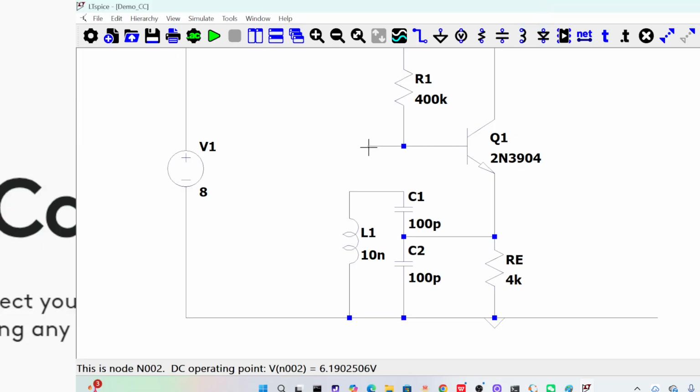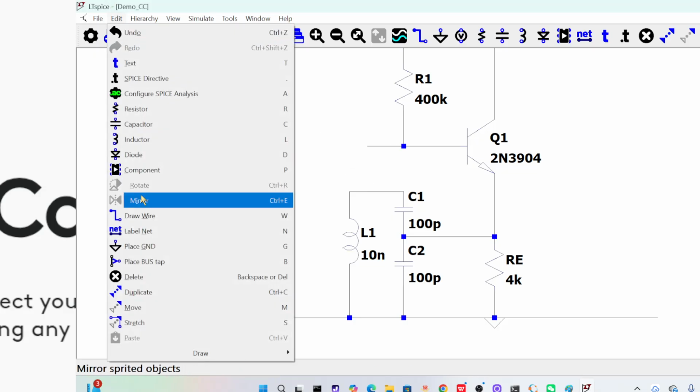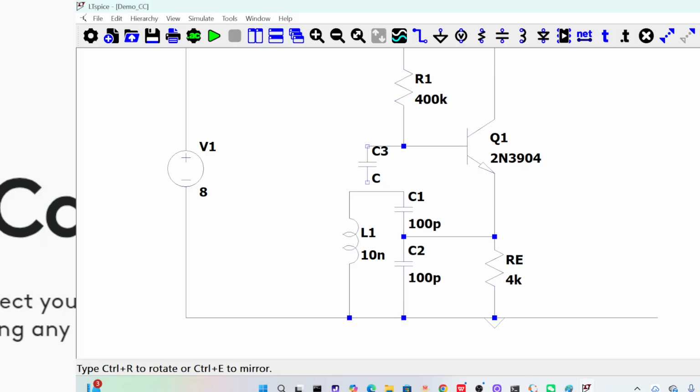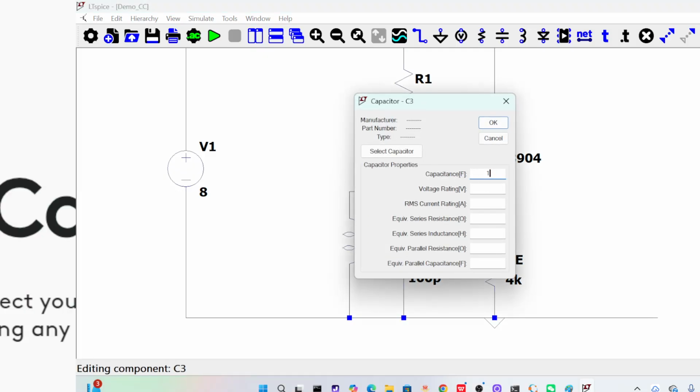So what you need to do here is you cannot just connect it directly to here. The reason is in DC the inductor is a short circuit. So when you do that, there will be low DC current delivered to the transistor. So you need a huge capacitance here, say 1 micro.